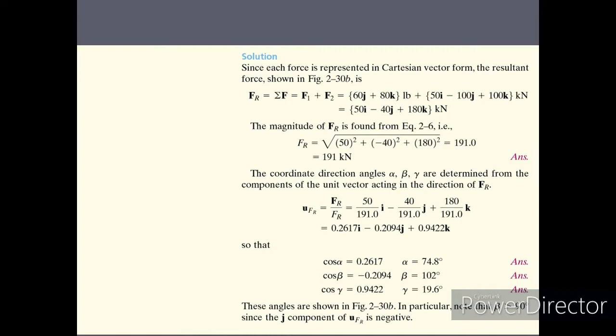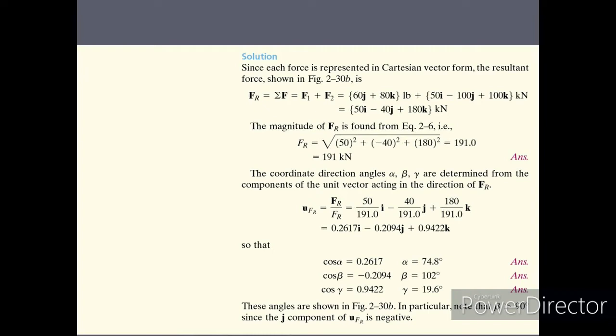So to get the coordinate direction angles, we go back and use this formula for the unit vector. That is cos alpha i, because now we have the vector. So we have this, and this is equal to that. So you can just compare the coefficients, because this expression is equal to this expression. So it means cos alpha i is equal to this, cos beta is equal to this.